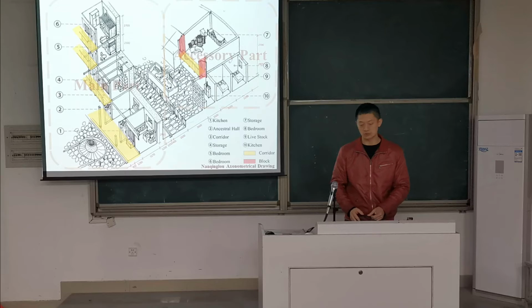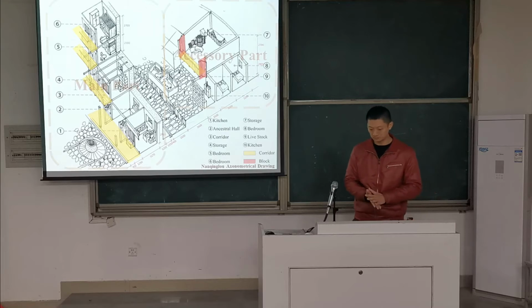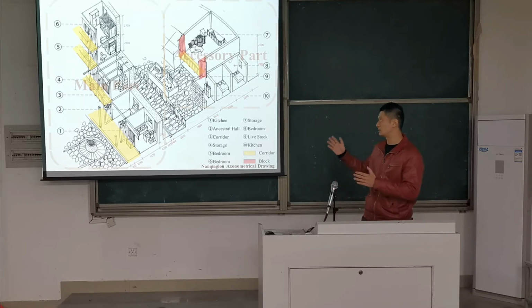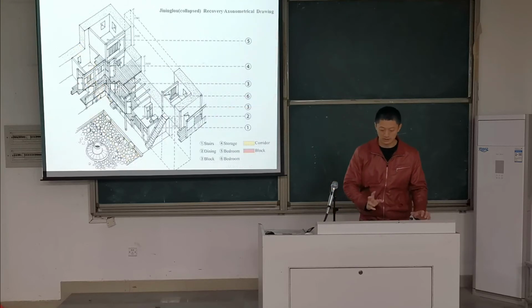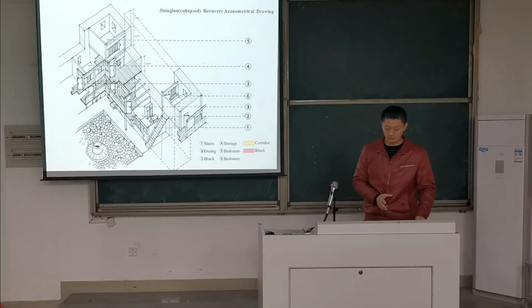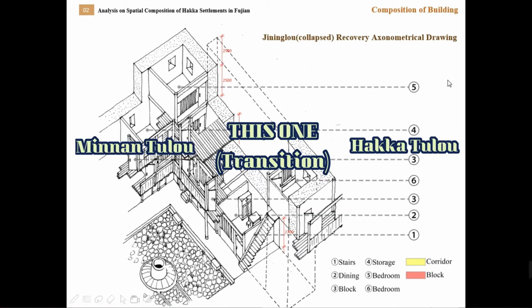That is true. So that's why the ancestors who built Tulou created this kind of space distribution, making it a third type. This Tulou is what I call a transition between Hakka Tulou and Minnan Tulou.